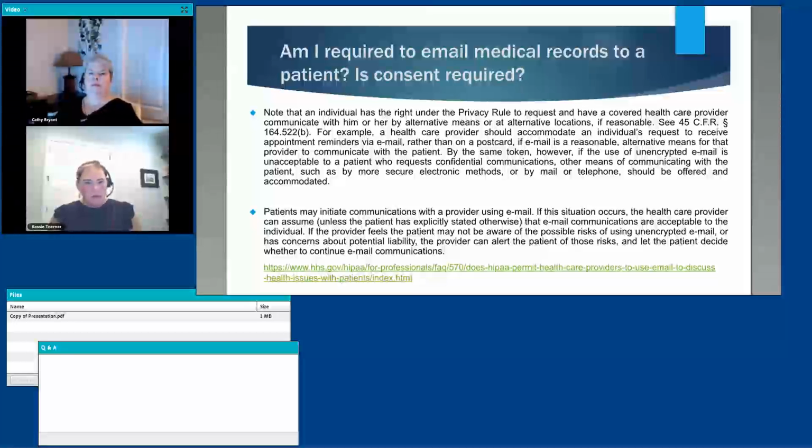Another reason why this is a recommendation is sometimes households use one email, and so you may be emailing one individual, but another individual actually gets the information, and that would not be what the patient wanted. Again, note the risk, get their permission, get their consent, explain to them the risk, that they understand that, and that they're willing to move forward with getting email sent for their PHI.